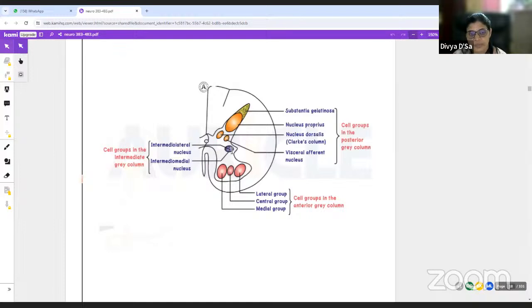This is the intermediate group, with the intermediolateral and intermediate nucleus, basically for the sympathetic and the parasympathetic. And in the anterior horn, we have the lateral group, the central group, and the medial group.